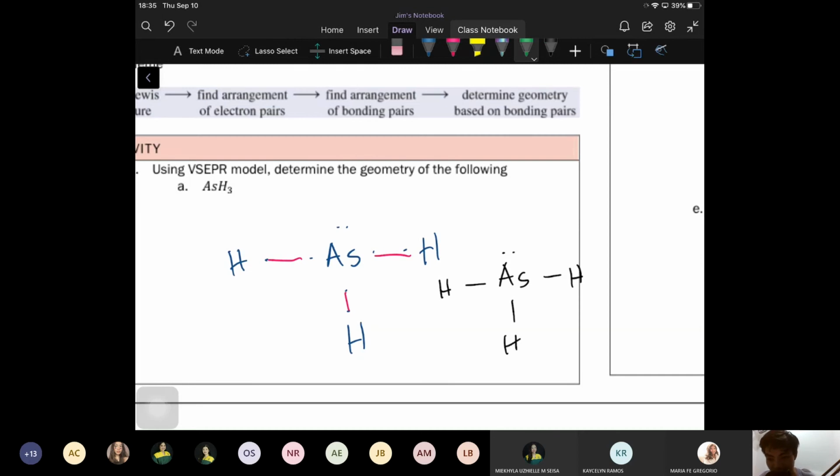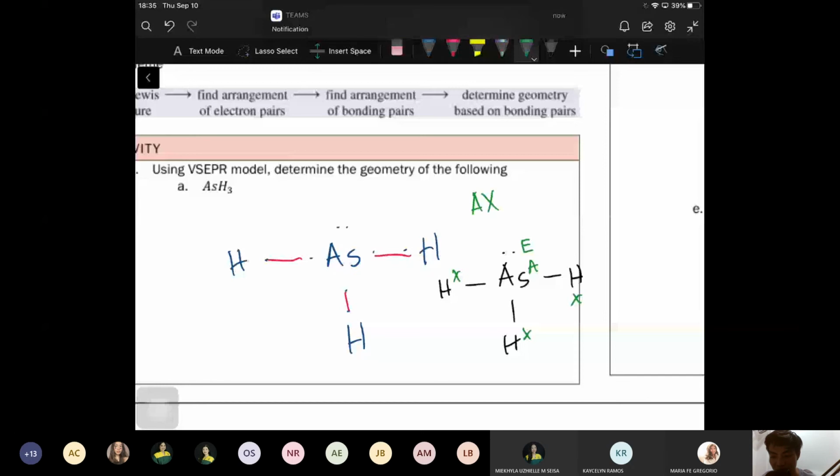No? So, again, this is the central atom. I call it A. Yung atoms na nakapaligid sa central atom, I call them X. X, X, X. Okay, so ito A, then may tatlong X tayo. Then ilang lone pairs meron sa central atom? Isa. So I call that E, no? So ano yung code ko for this molecule?